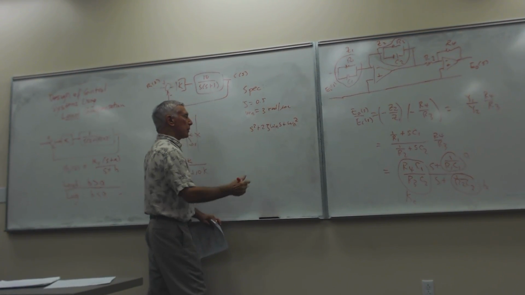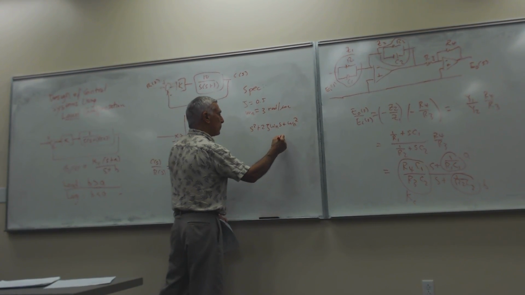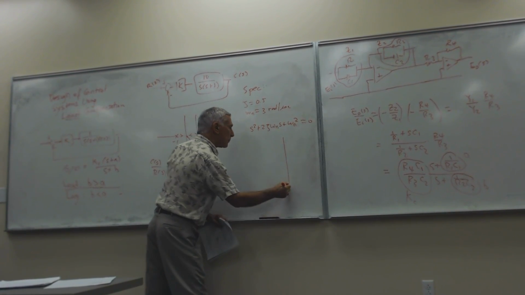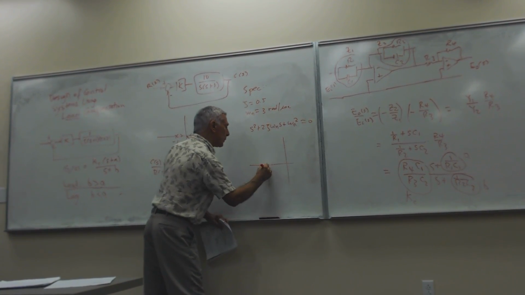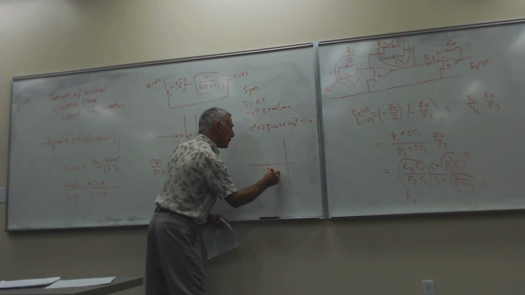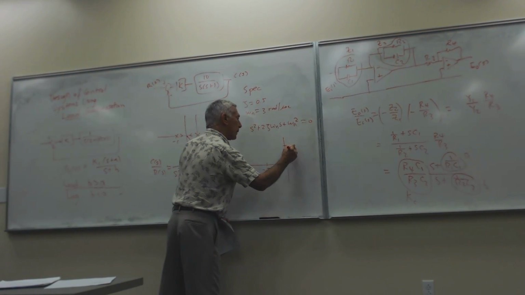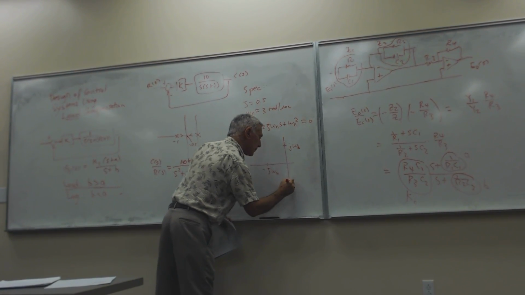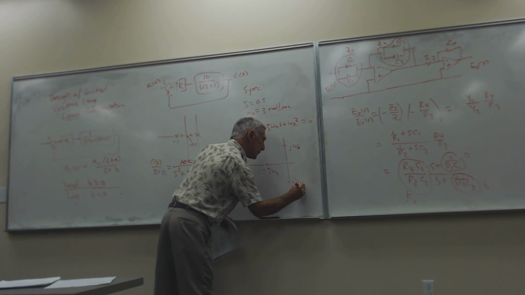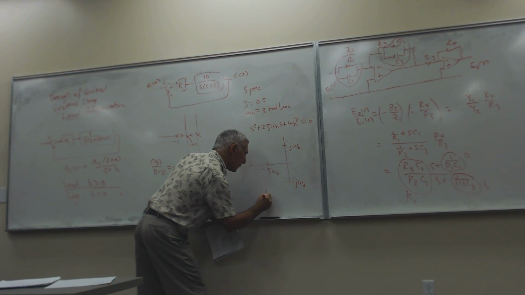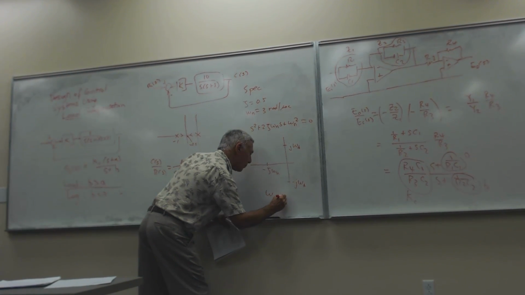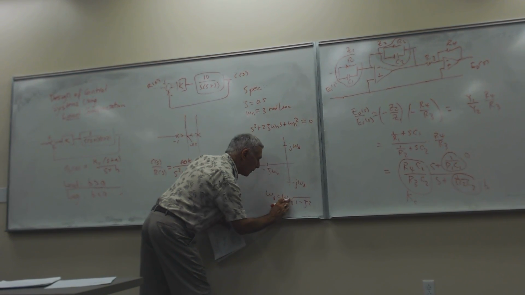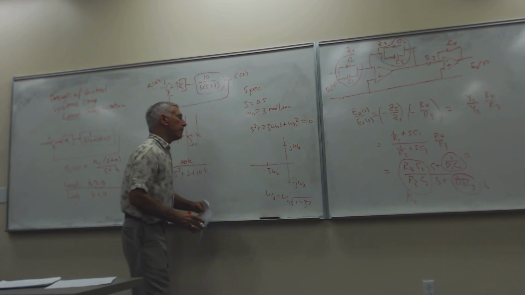And if you set it equal to 0 and find the roots, they will be minus zeta omega n plus and minus j omega d, where omega d is equal to omega n times the square root of 1 minus zeta squared.